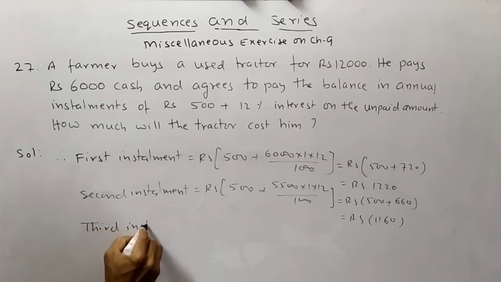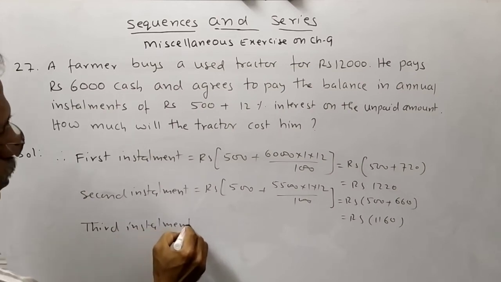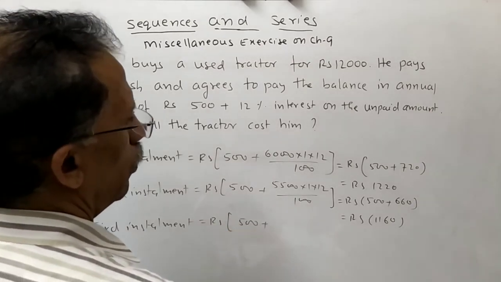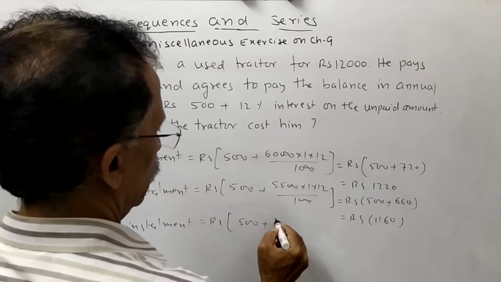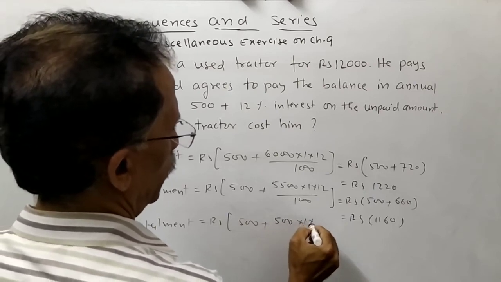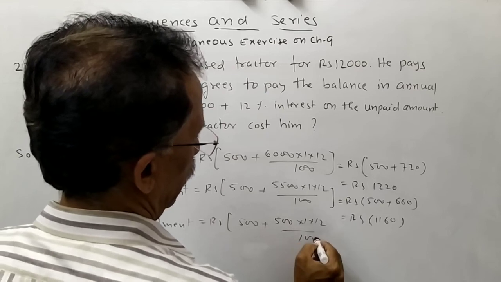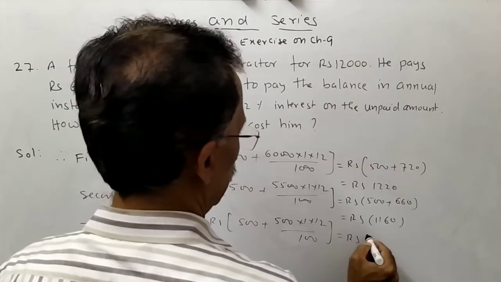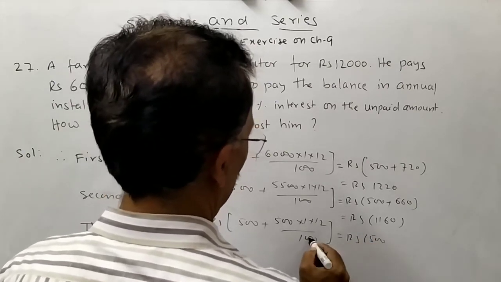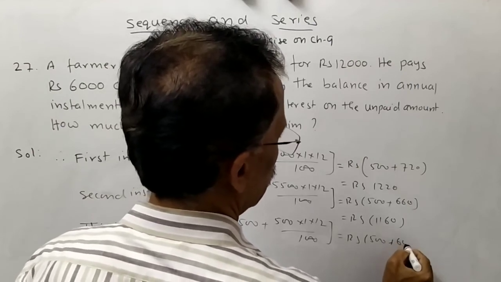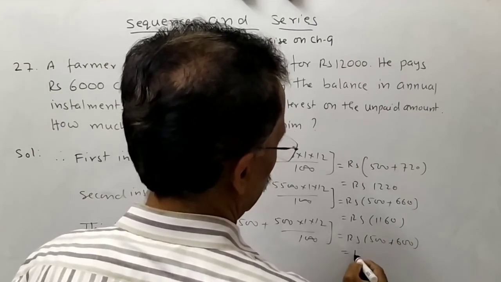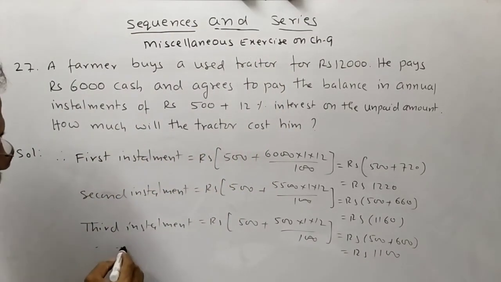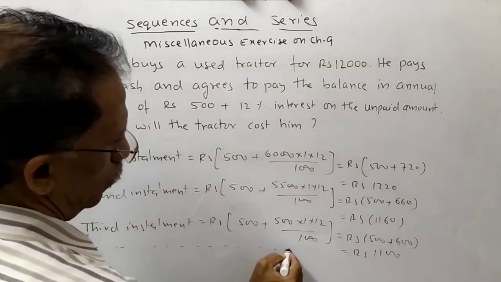Third installment is equal to rupees 500 plus 5,000 into 1 into 12 divided by 100 is equal to rupees 500 plus 600 is equal to rupees 1,100 and so on.